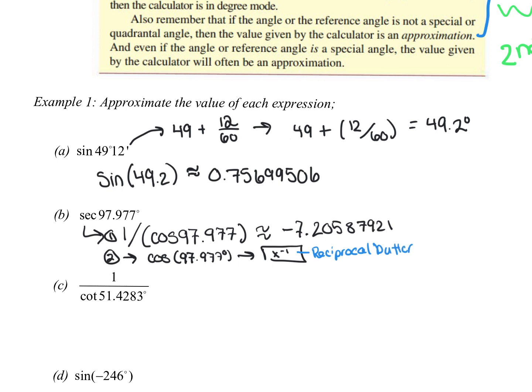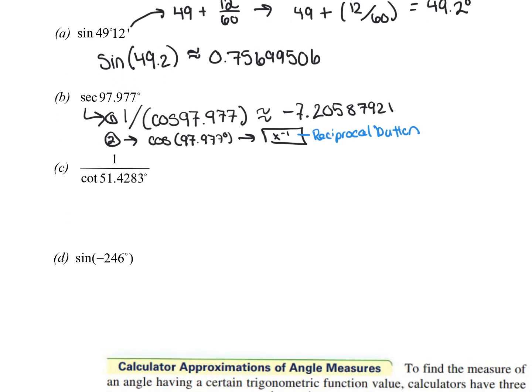So it takes the value that you get out of cosine and does 1 over that number, and you should get out the exact same thing. The next one looks scary, but if you remember that 1 over cotangent is actually equal to tangent, because tangent is cotangent's reciprocal.